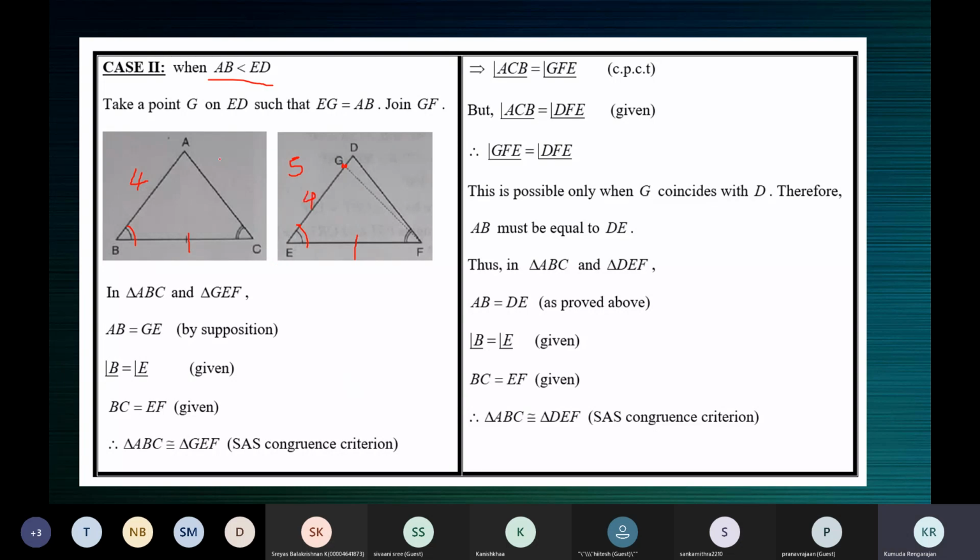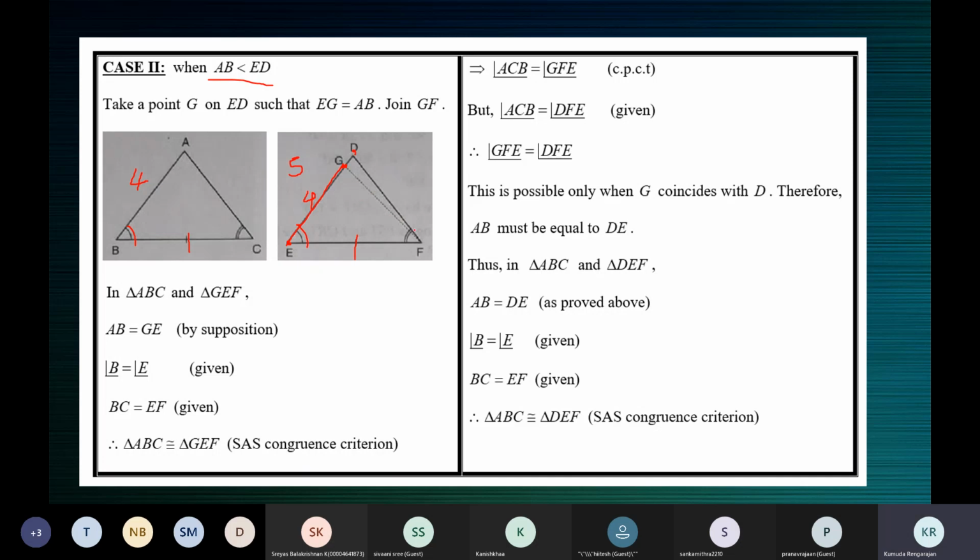Now they're equal, no? Now AB is equal to GE.